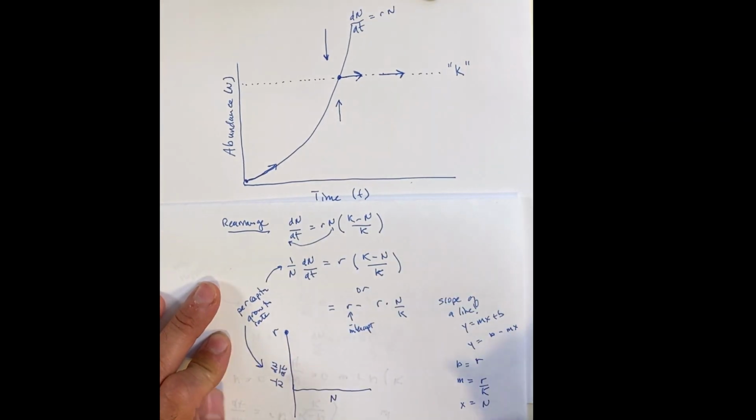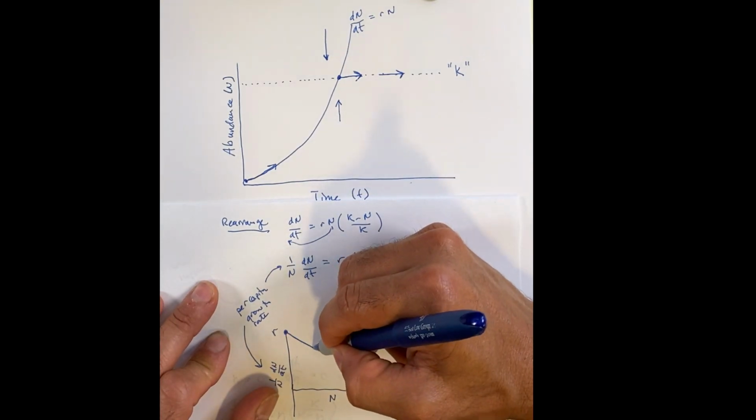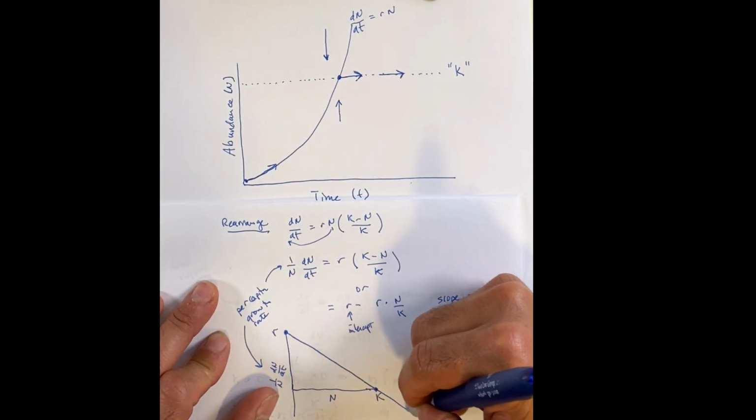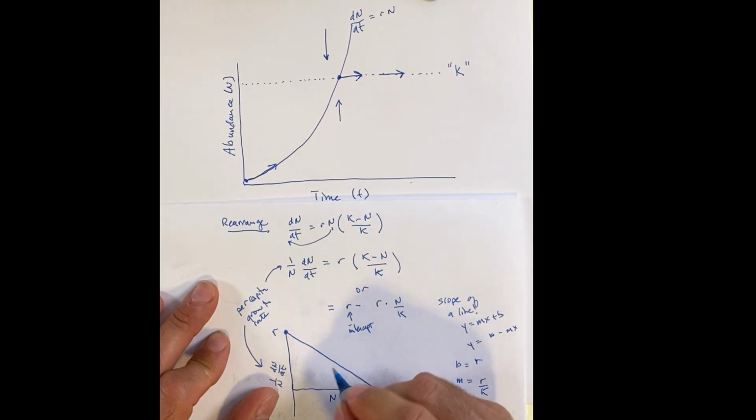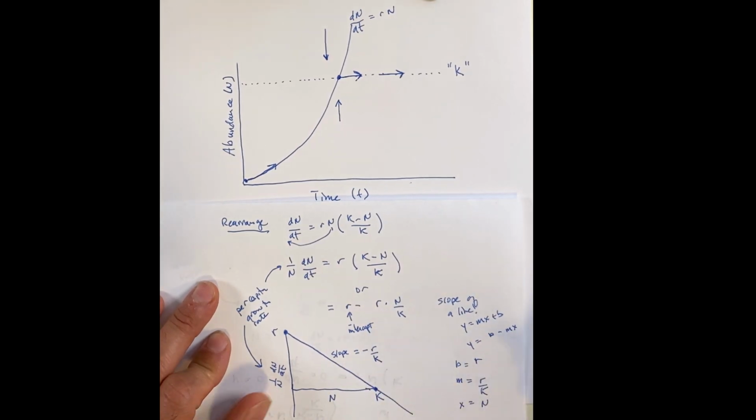And there we are. I will let you figure out how to calculate the x-intercept, but the x-intercept turns out to be K. And the line that connects those two has the slope of r over K, and in fact it's negative in this case, because it shows it as negative above.